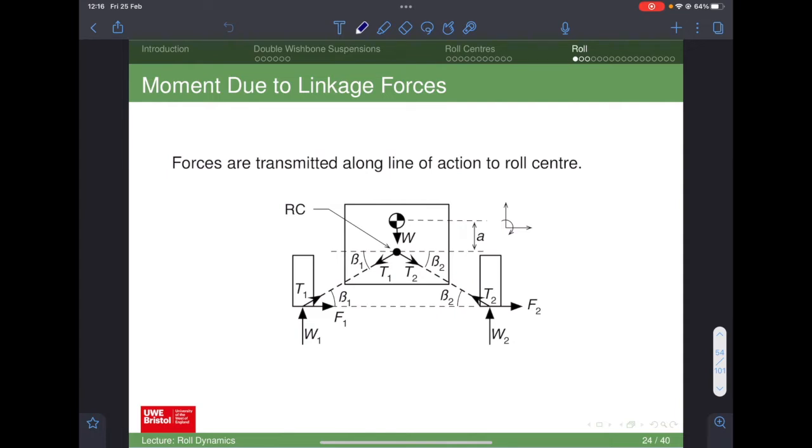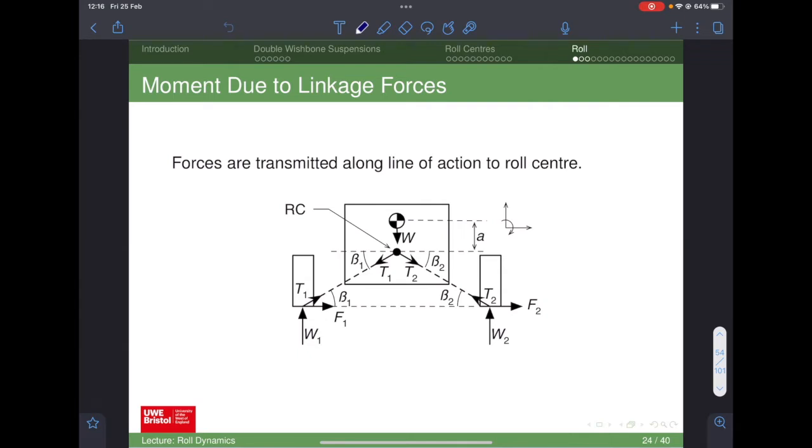Obviously in a static situation, you've got W1 and W2 for both tyres, wheel 1 and wheel 2. There's going to be a force in the corner that can be generated outwards. And there's also a tensile force, often compression, along a line joining the centre of the tyre contact to the roll centre.